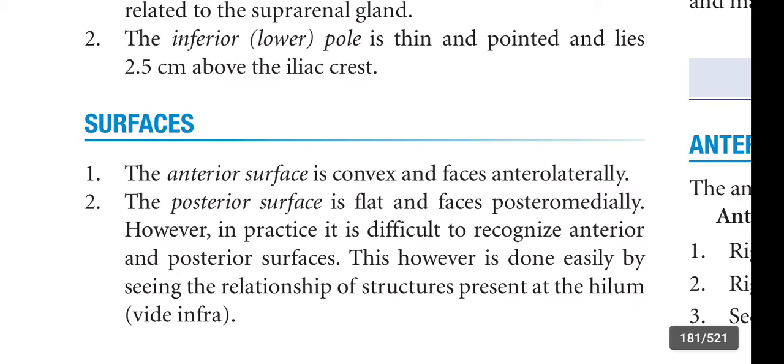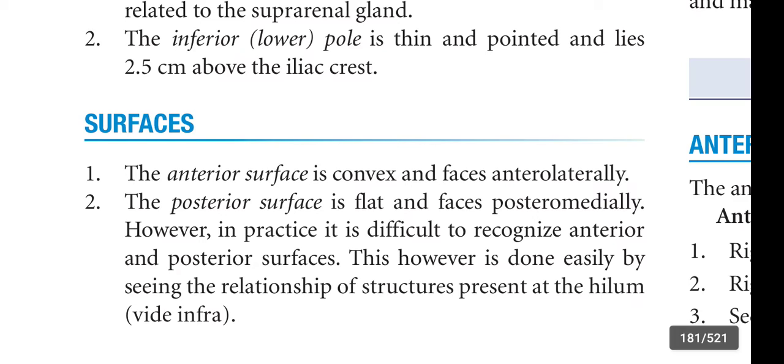Coming to the surfaces, the anterior surface is convex in shape and faces anterolaterally. Okay, and the posterior surface is flat and faces posteromedially.